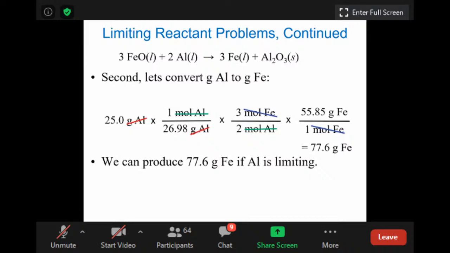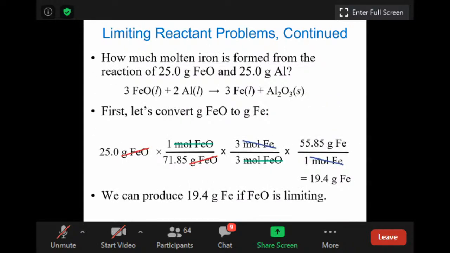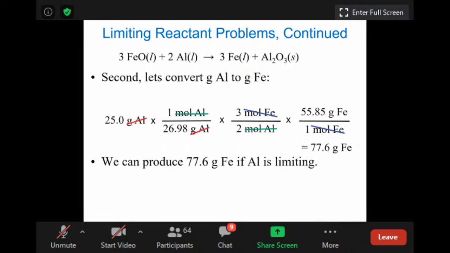You're going to react them. When you react them, we're going to make Fe. So actually, this reaction is only making 19.4 grams. And it stops there. All right? But aluminum is in excess, and can produce 77.6 grams of Fe if aluminum is limiting.